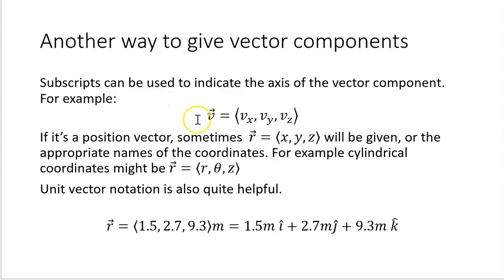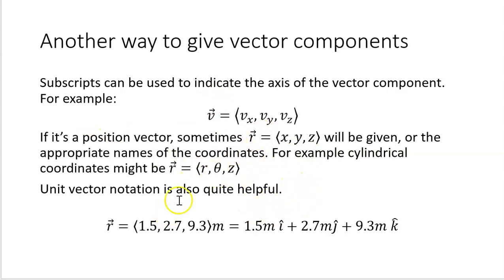In this example here, the components of the velocity vector v are given as vx, vy, and vz, and that tells you that those are the components in the x, y, and z of that velocity vector, respectively. Now, in the position vectors, sometimes they use, for example, rx, ry, and rz, but then often commonly they also just say x, y, and z for the x, y, and z components of the vector or for the position coordinates. If you've got different types of coordinates, we might use cylindrical or spherical coordinates in this class, for example.